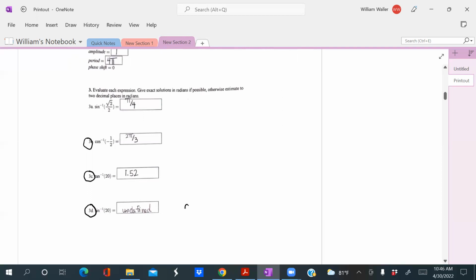When we write sine to the -1 of some quantity x equals y, what we mean is that the sine of y is equal to x.